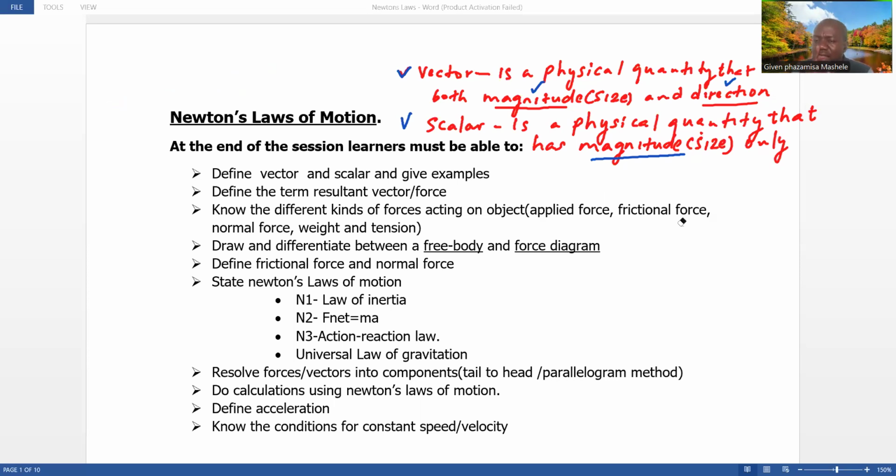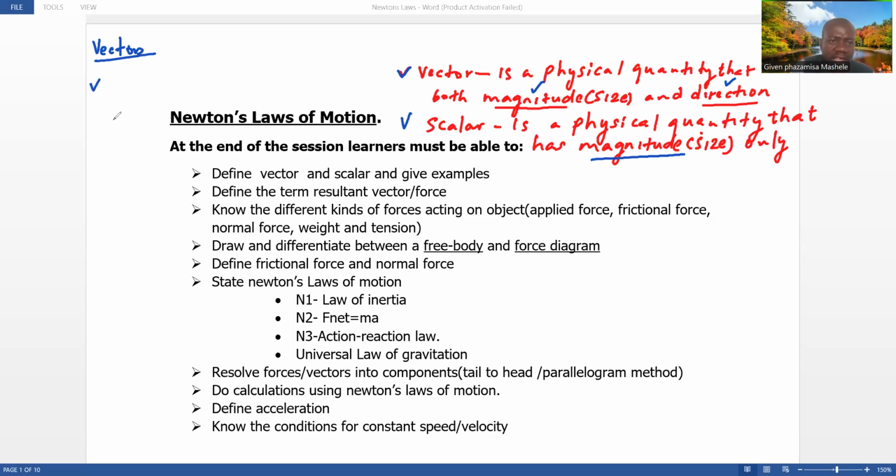Again, another thing, ladies and gentlemen, we need to also give examples of vectors and of scalars. What are the examples of vectors? I'll start with examples of vectors.